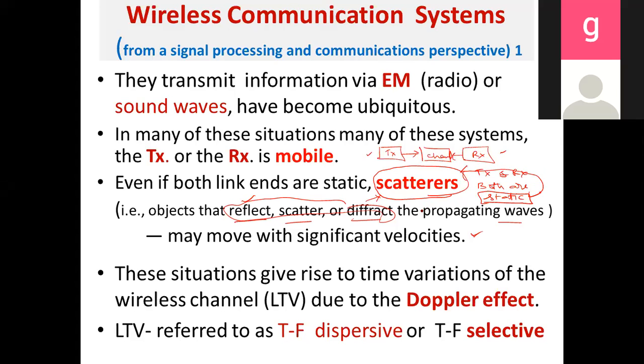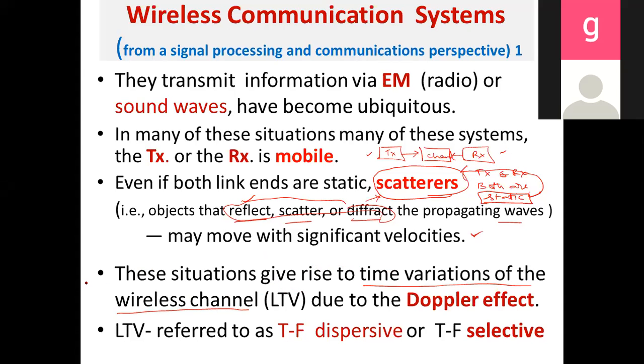Because of the scatterers, you can see how the propagating signal gets affected. Because of this scattering in signal propagation, the situation gives rise to time variations of the wireless channel.